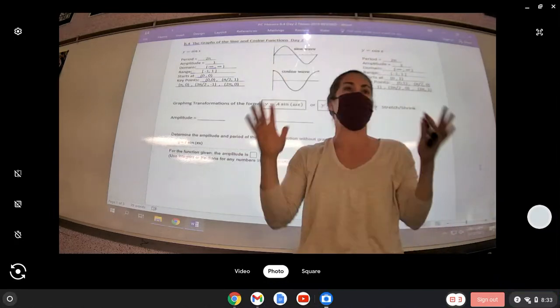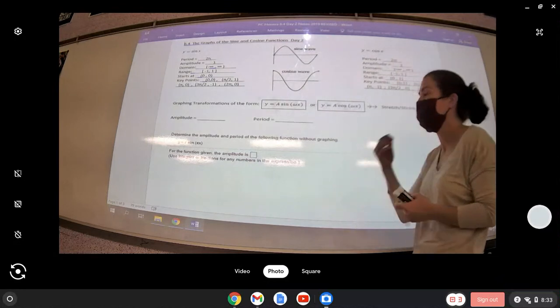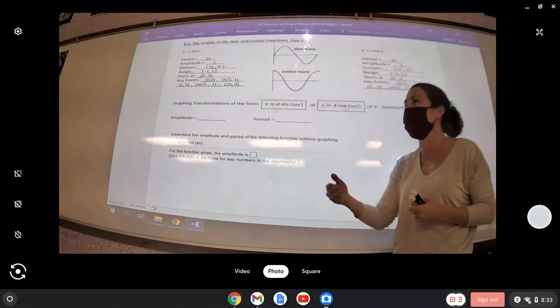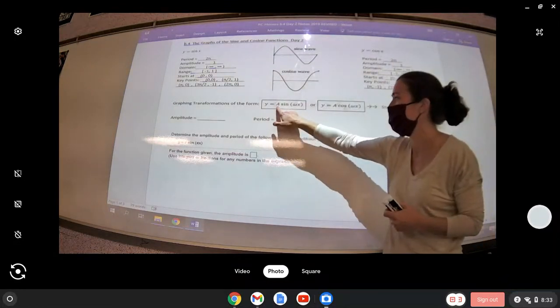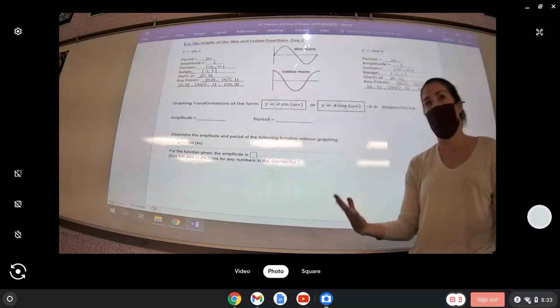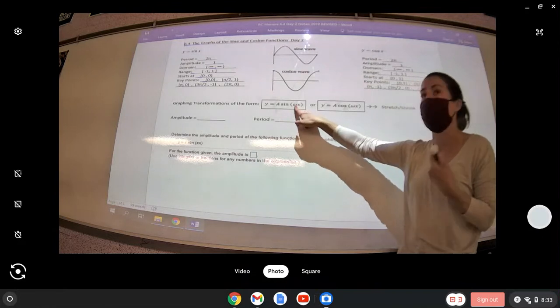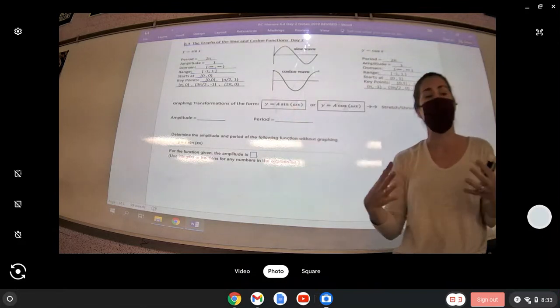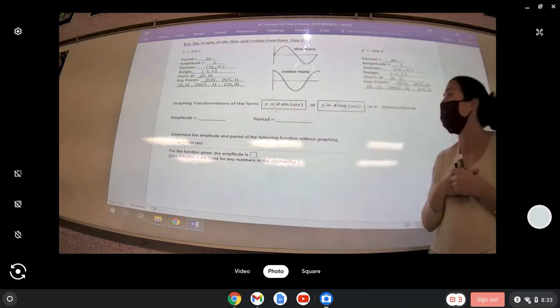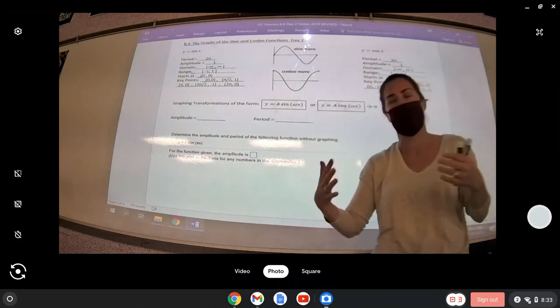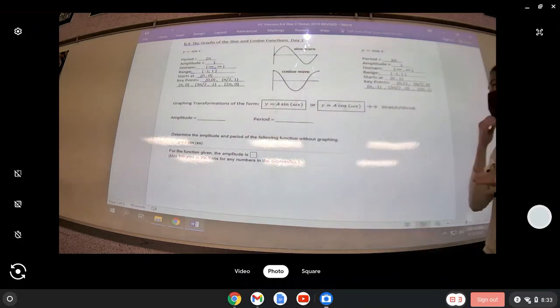This is straight up stretches and shrinks. So to do those types of transformations, it requires multiplication. If you multiply the outside of a function by a, that'll affect your y coordinates and it'll be a vertical stretch or shrink. If you multiply the x's by omega, then you'll affect the x's and you'll create some type of horizontal stretch or shrink. All right, so that's all we're worried about right now.